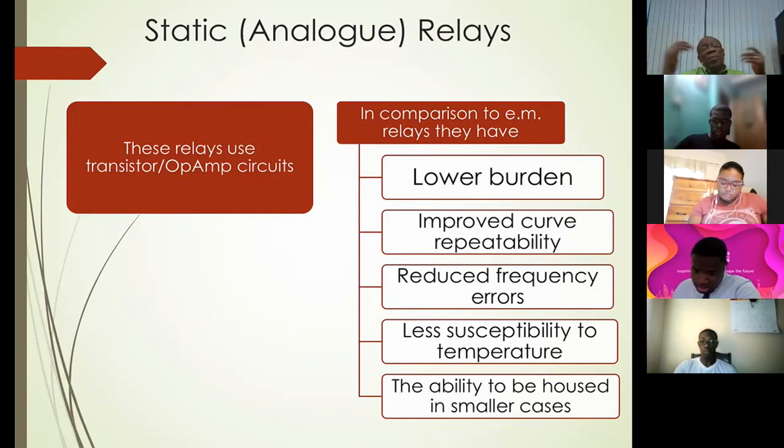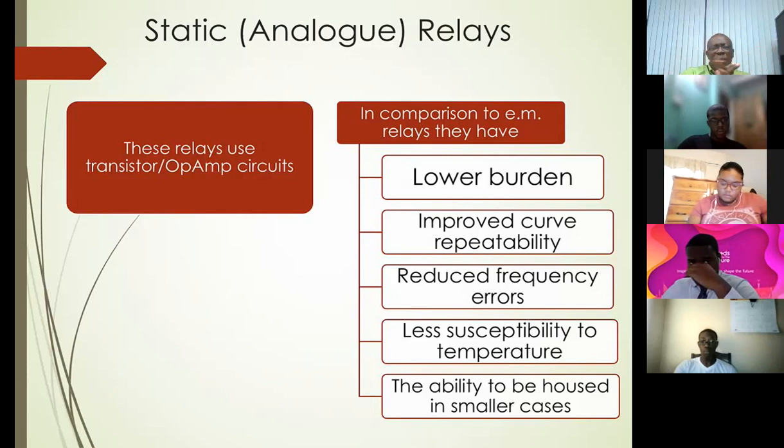If those change, then the possibility of you getting slight deviation from the expected curve may occur. It may not be significant, but it still occurs. So with your analog, you have a greater chance of improved curve repeatability. Reduced frequency errors, less susceptible to temperature, as I mentioned before.